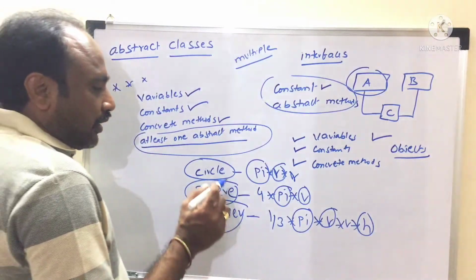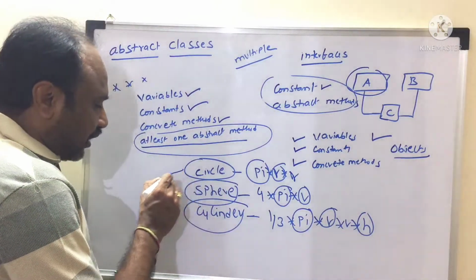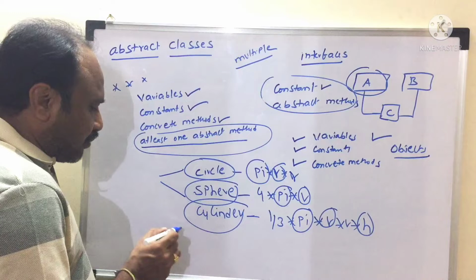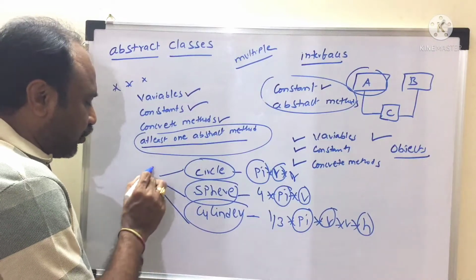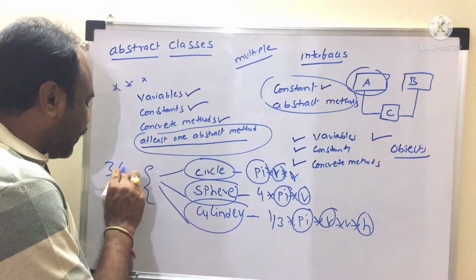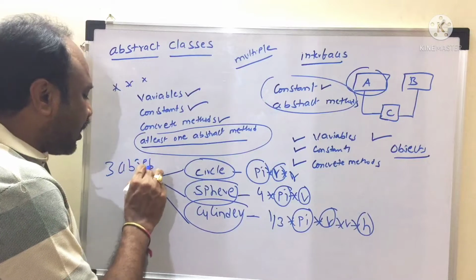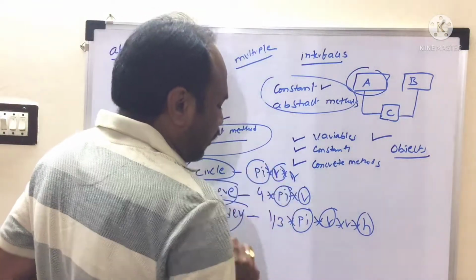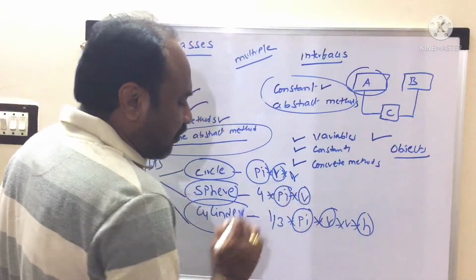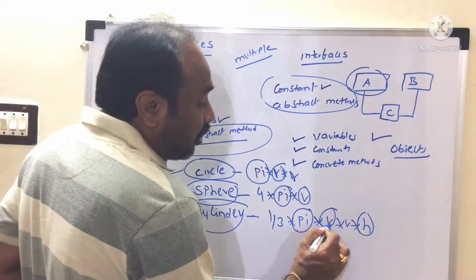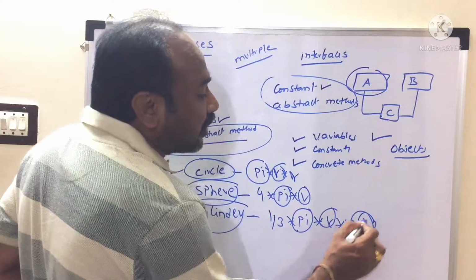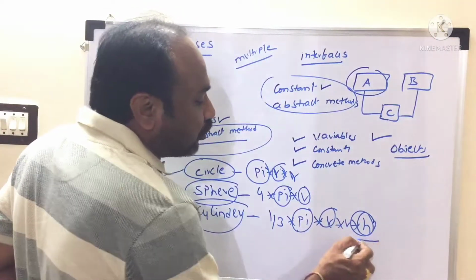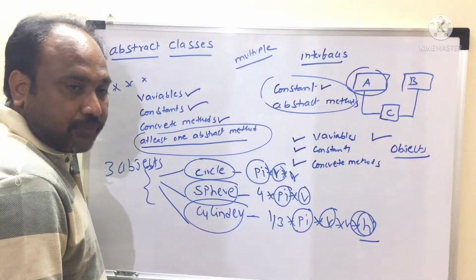It means all these three objects, circle is an object, sphere is an object, cylinder is an object. We have three objects. Each uses pi value and r value, and for the cylinder, along with pi value and r value, we have to use h value also.